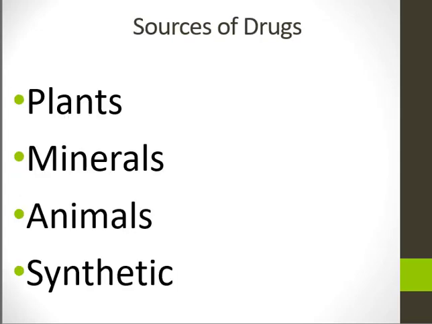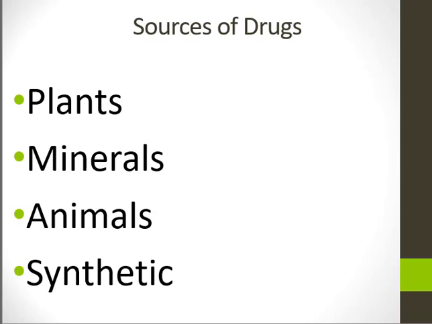So what are some sources of drugs? We can get drugs from a lot of different things, right? We can get drugs from the poppy plant. Aspirin used to come from the willow tree, from chewing on the bark of the willow tree. Some minerals, things like magnesium. If you've ever taken a Tums or a Rolaids for stomach upset, usually that has some magnesium in it.